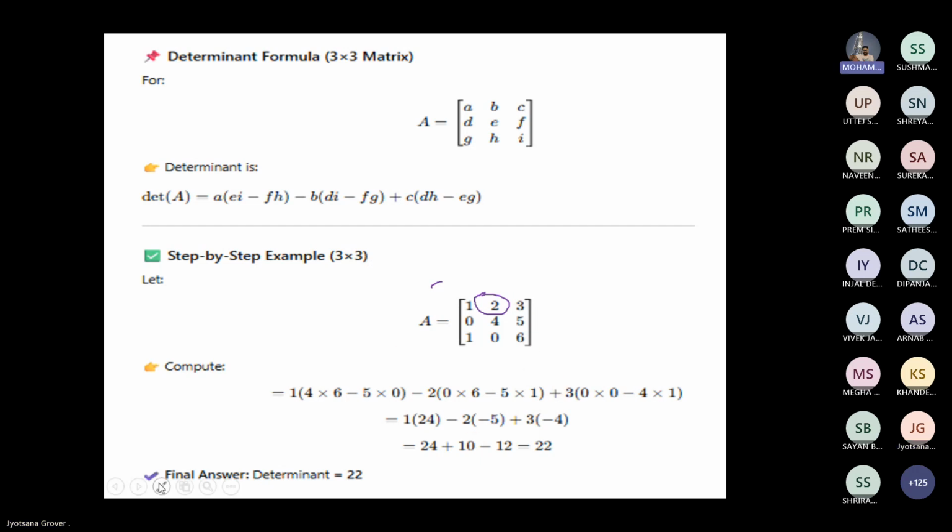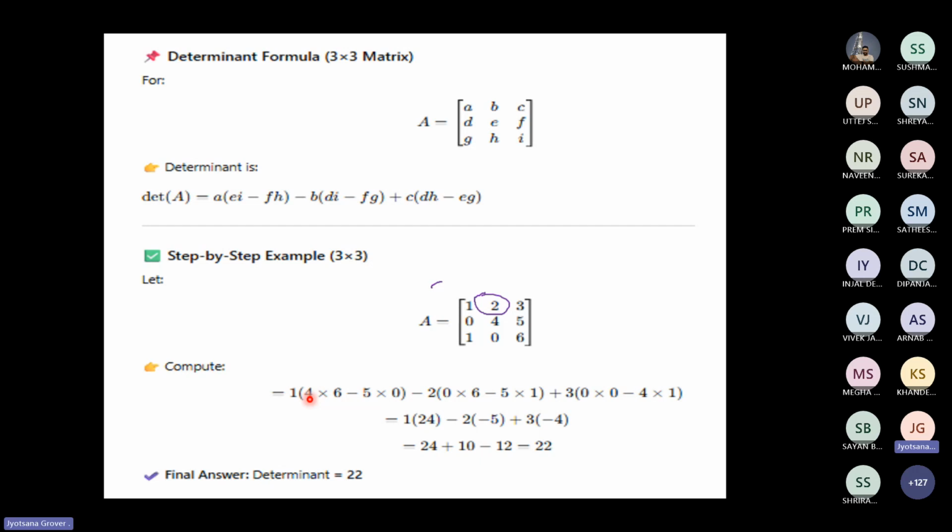Madam, just one question here. If we say the determinant is a positive value, that means no multicollinearity exists, right? Can we say that? If the determinant is positive, that means it is invertible, and your RREF will also not have any zero rows.